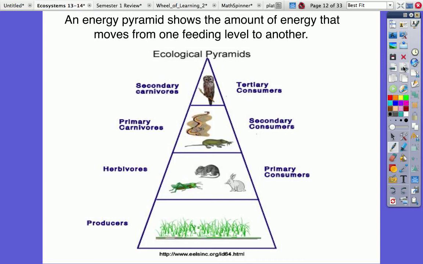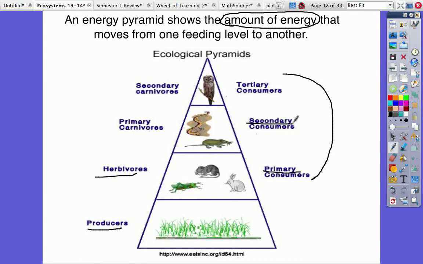Whenever you're looking at an energy pyramid, this shows the amount of energy that each level has. So the first level that we have are producers, then we have our consumers. Our consumers can be broken down into primary consumers, which are herbivores, secondary consumers, which are carnivores, and tertiary consumers, which are again a form of carnivores.